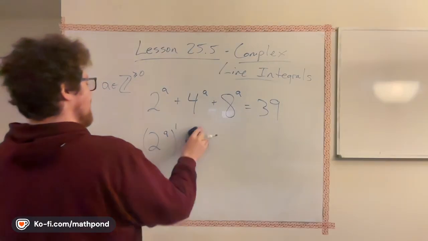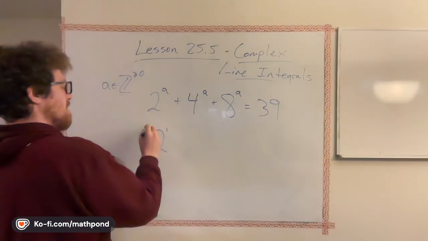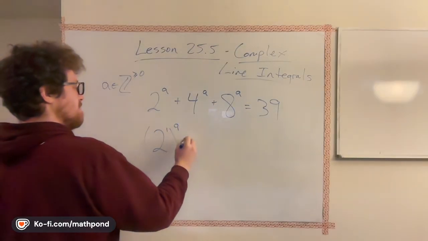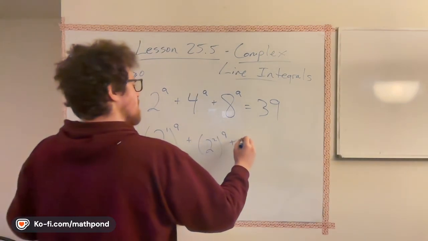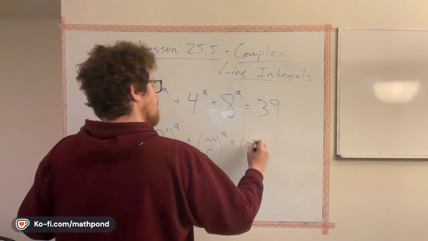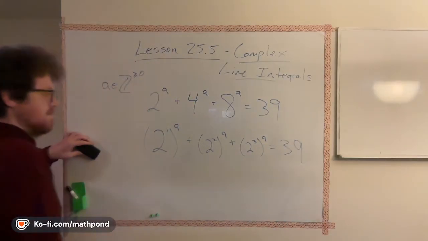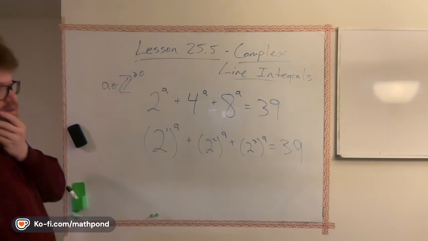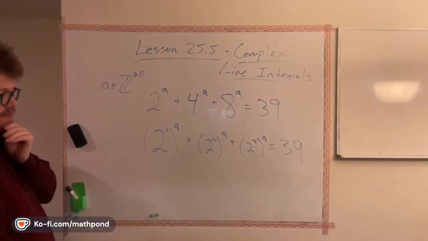Keep doing the same thing. 2 to the first power to the a plus 2 to the second power to the a, 2 to the third power to the a. I don't know if that helps us though. How does that help us? Oh, to the power to a power.